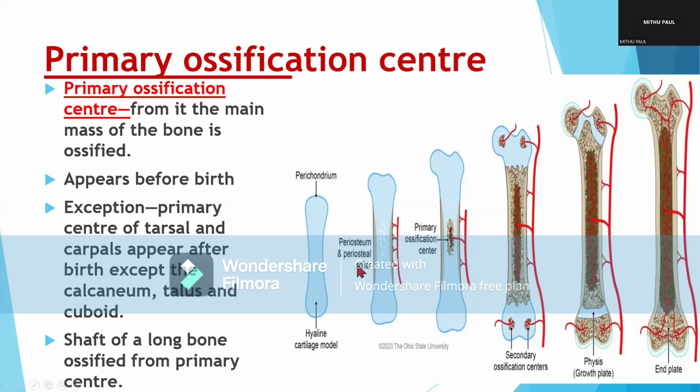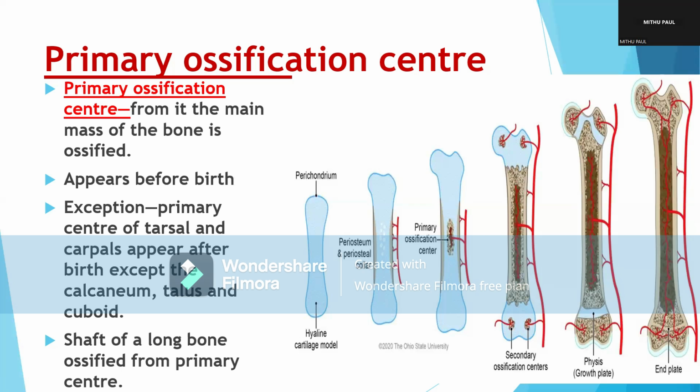All the primary ossification centers appear before birth. The only exception is the primary ossification center for the carpals and the tarsals. In the case of the calcaneum, talus, and cuboid, these are the only small bones where the ossification center appears before birth.